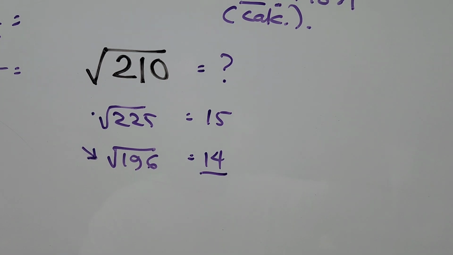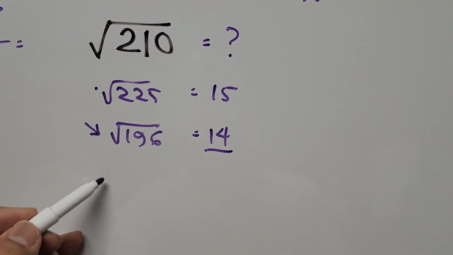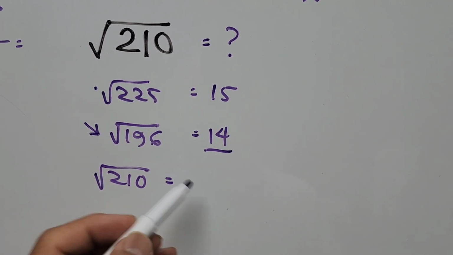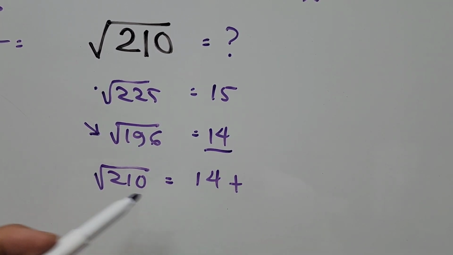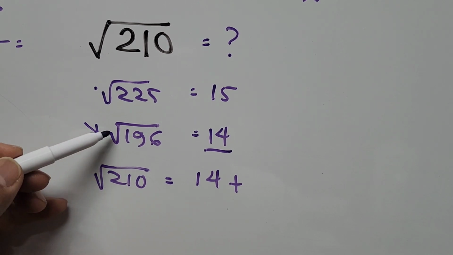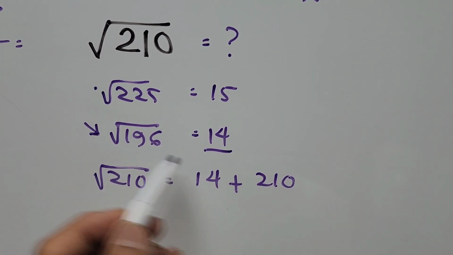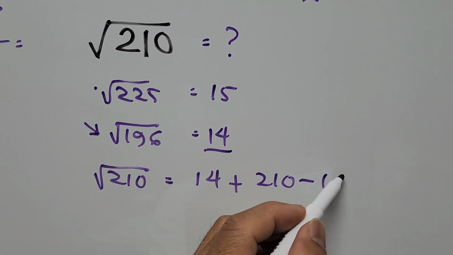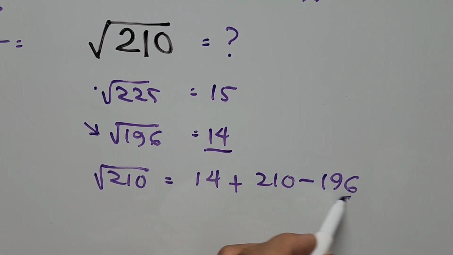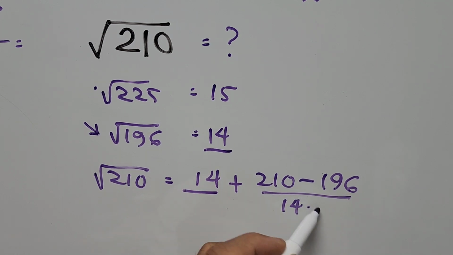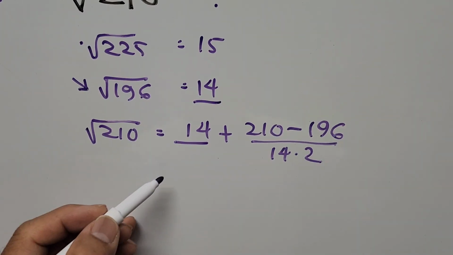So 14. So we have here the square root of 210 equals 14 plus the difference of these two numbers, 210 minus 196, all divided by the base value, which is 14, and always multiplied by 2. Simplify.